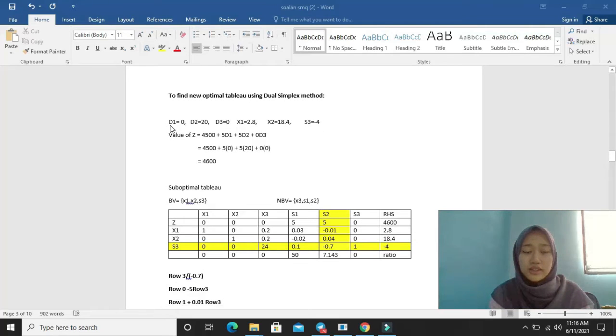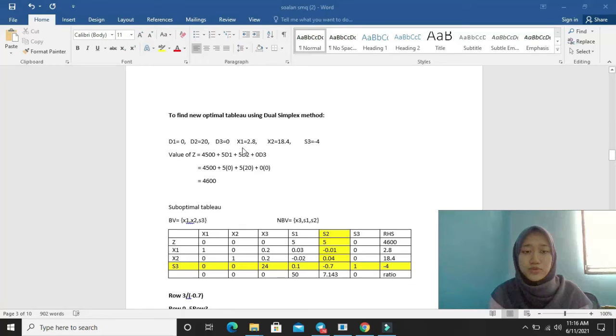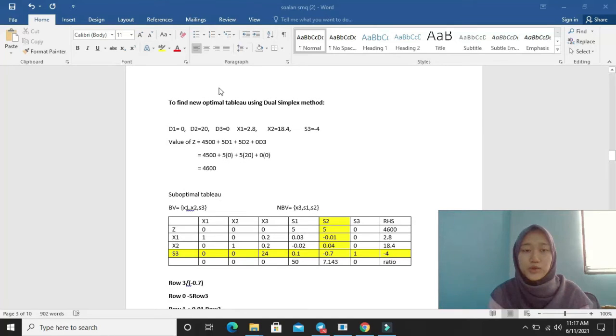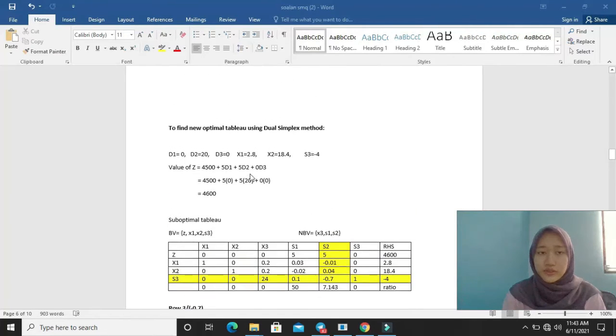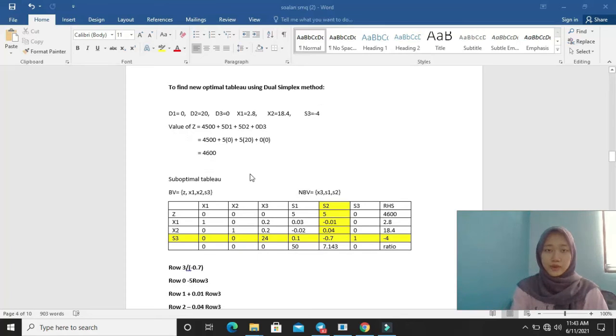The values that we obtained first are D1 equal to 0, D2 equal to 20, and D3 equal to 0. Also, x1 we obtained just now is 2.8, x2 is 18.4, and s3 is negative 4. So we need to find the optimal tableau by using the dual simplex method. First we have the values of D1, D2, D3, x1, x2, and s3 from the calculation above, and the value of z is 4600.